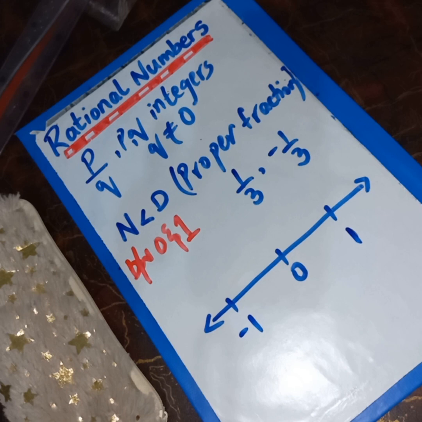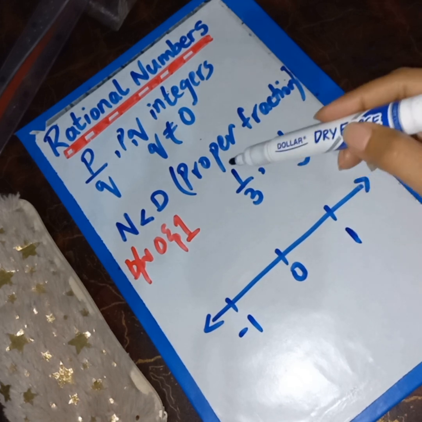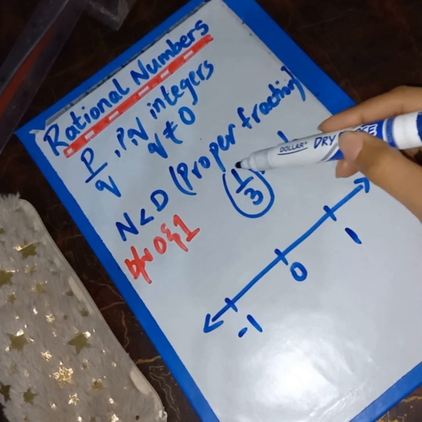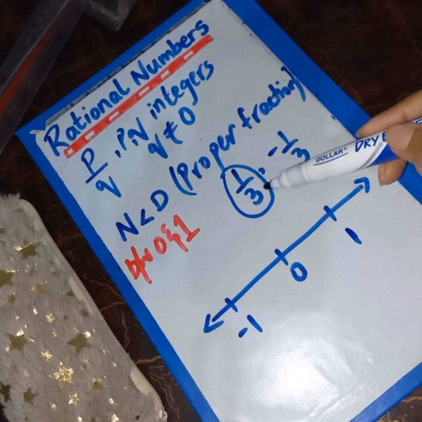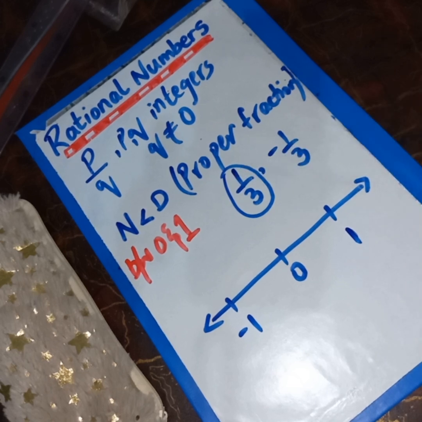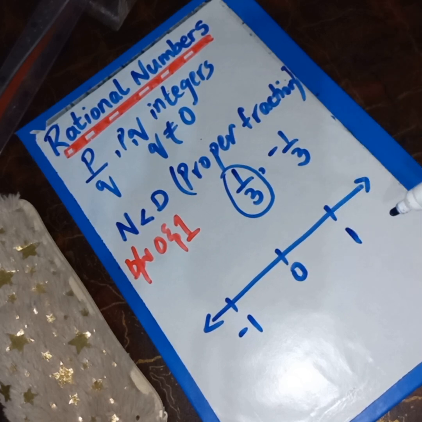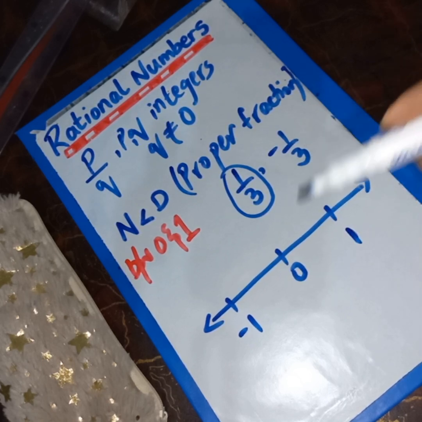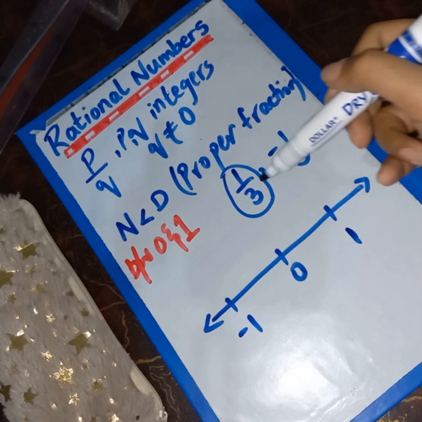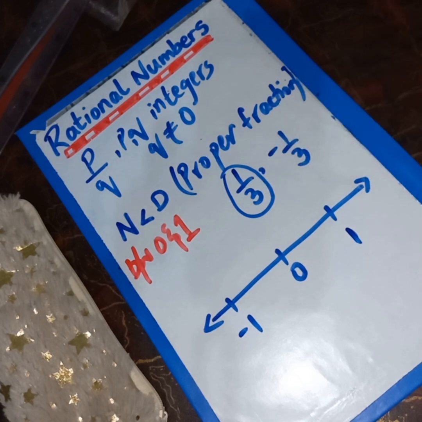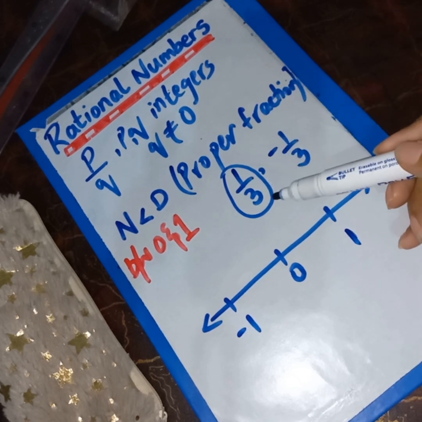The next thing is you need to plot this 1 by 3. It has numerator 1 and denominator 3. How will this 1 by 3 be plotted on the number line, or in other words, which place on the number line will it take? Look at the numerator and denominator.